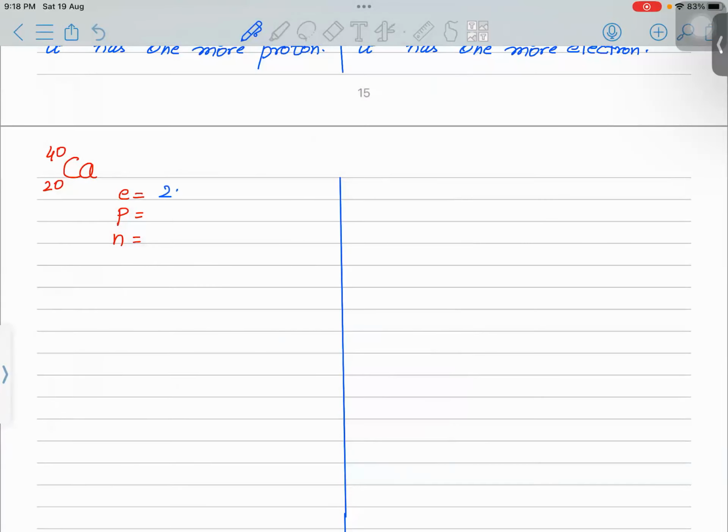So electron 20, proton 20, neutron 20. Calcium is neutral. Why neutral? Because electron is equal to proton, so no net charge.